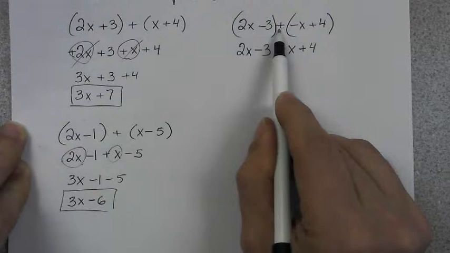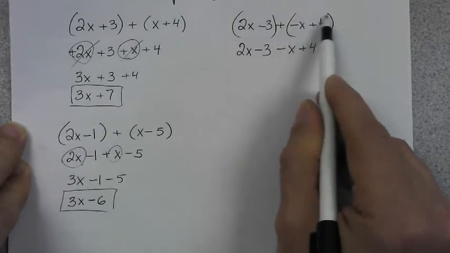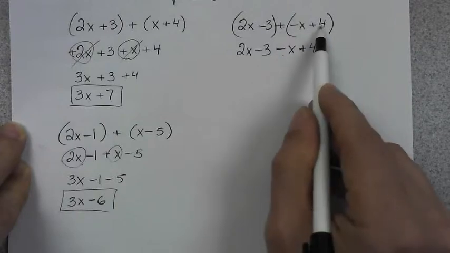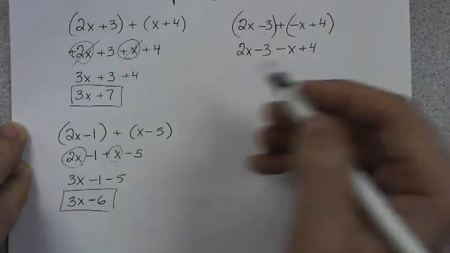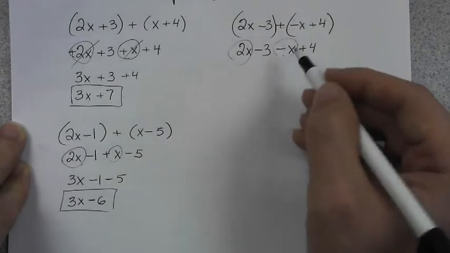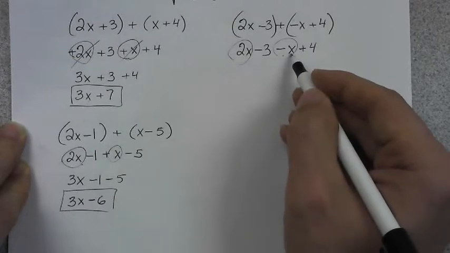When we go on to subtracting linear expressions, and we have a subtraction sign here, it's going to be very different. But for adding, all you do is write down whatever you're adding right there. So I put my minus x and my plus 4. Now, just like with these ones, I combine the like terms. 2 x's, this time, minus x.